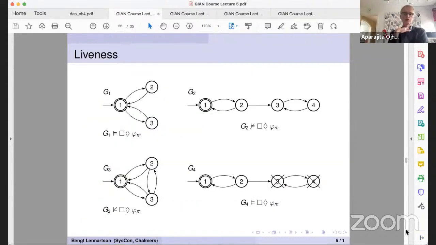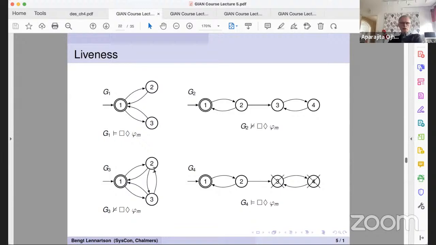So just to illustrate a little bit of these liveness properties, always, eventually, phi m, and phi m means this marked state. It's true here because you can loop around, and independent of where you are, you will for sure get back into this state 1. While this model does not satisfy this expression. Why?